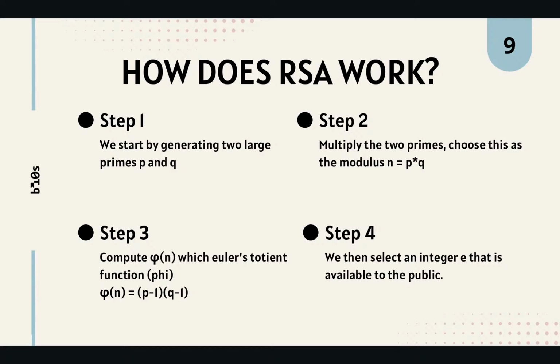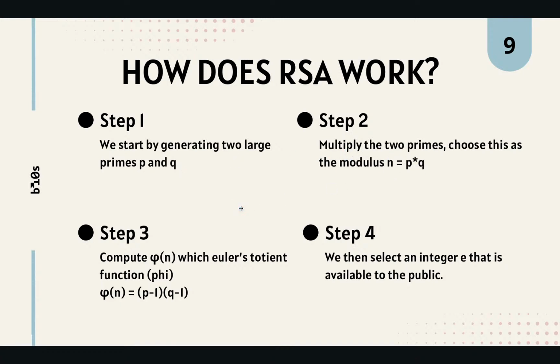That's why we choose large primes. Step two is finding the value n, which is equal to P times Q. n is just the product of P and Q, and it has a different name, which is called the modulus. So you have two large primes, P and Q, and you find n, P times Q.